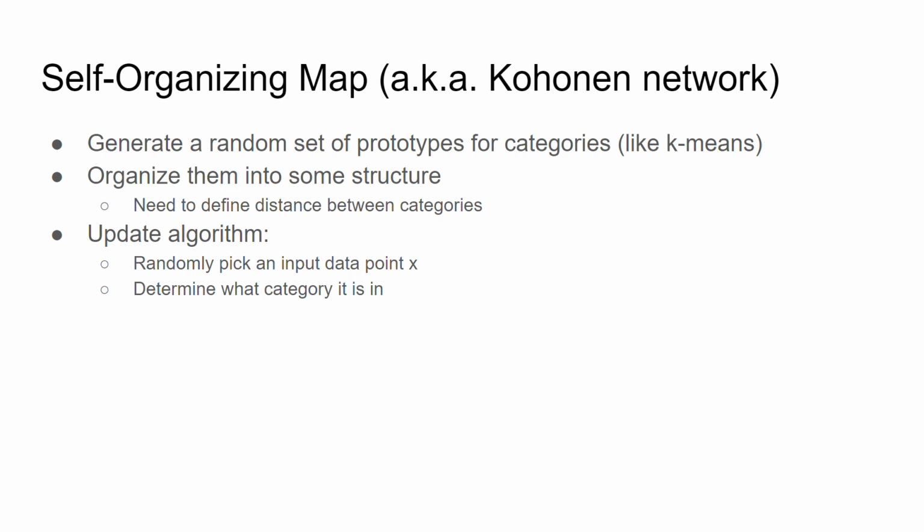But then what we're also going to do, so we're moving that category's prototype towards x, we're also going to move the nearby categories as well. And by nearby, I don't mean other categories this point could be in. When I categorize the point x, I find which of all the categories it is closest to.